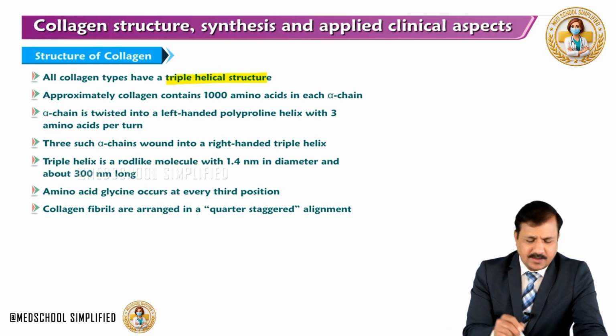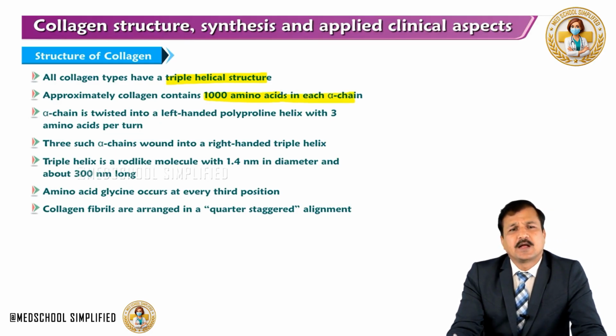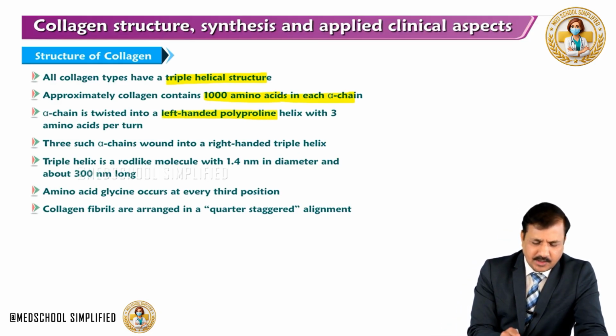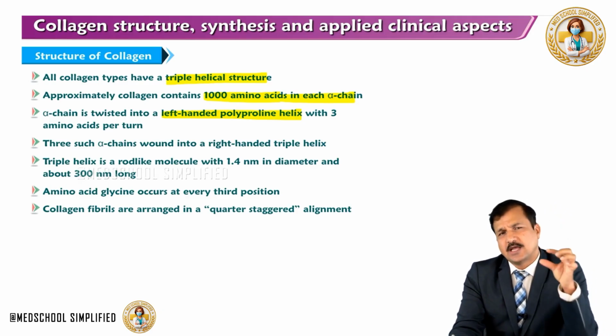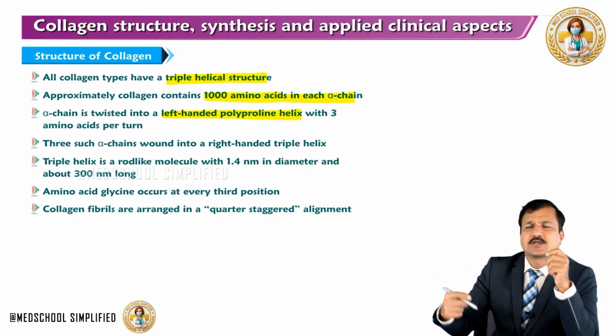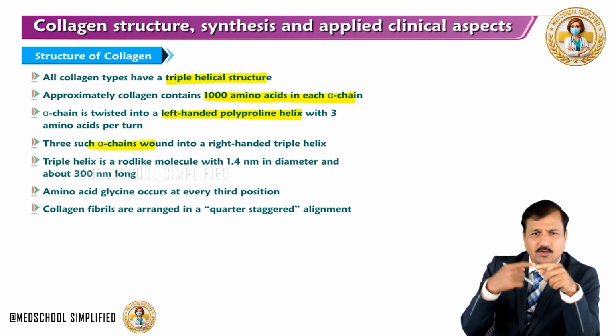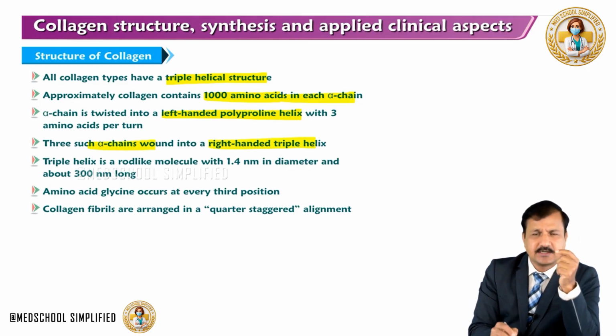Approximately 1000 amino acids are present in each alpha chain, and each alpha chain is twisted in a left-handed polyproline helix with 3 amino acids per turn. Remember that many prolines come in the alpha chain, thereby introducing bends in it, and there are 3 alpha chains that wind around each other in a right-handed triple helix.